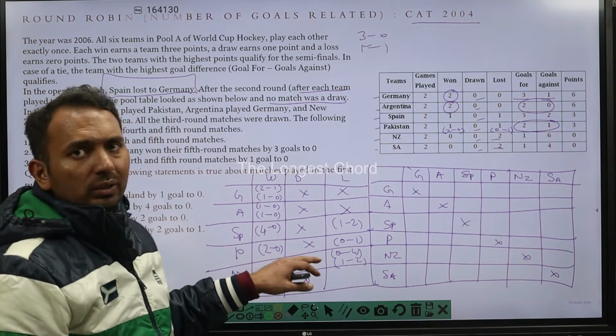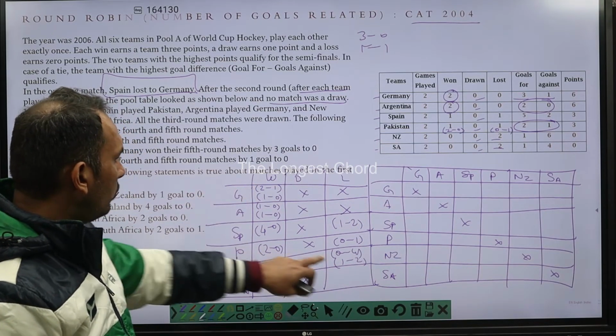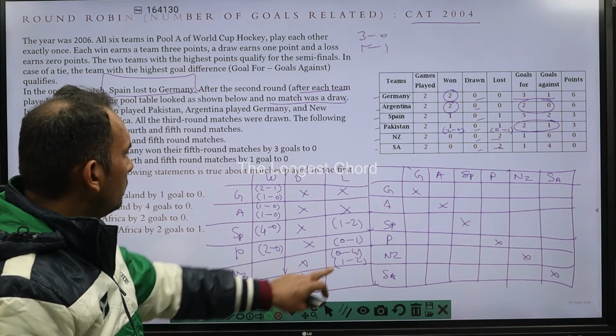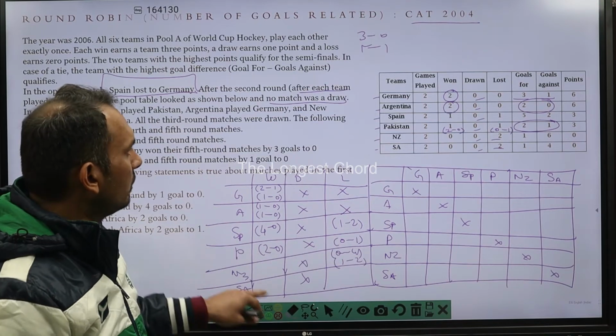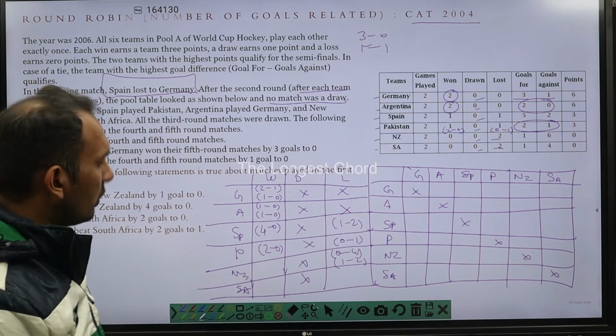Now if we see all the other things, 1-2 is getting sorted here, 2-1, 0-4 is getting sorted for this. But there is one more 1-2 here and there is no 2-1 that we are getting. So can we say this is not possible?